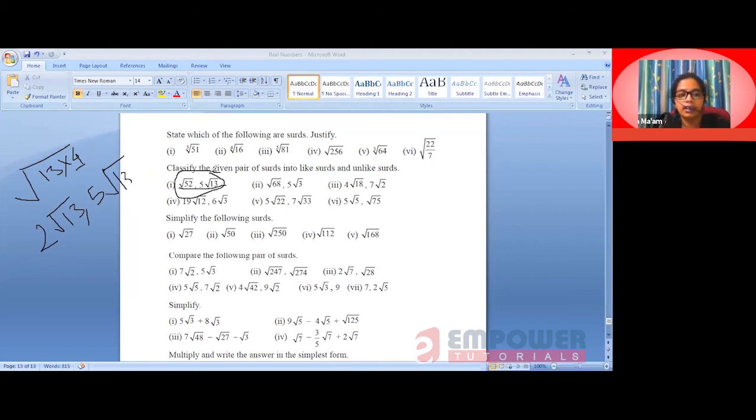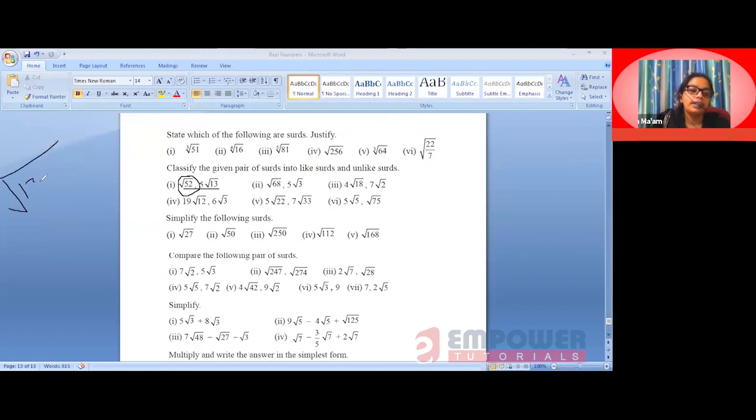Have you understood why these two are like surds? Just by looking at it, you can say these are a pair of unlike surds. But you have to look for the factors of 52. The factors of 52 are 13 into 4.